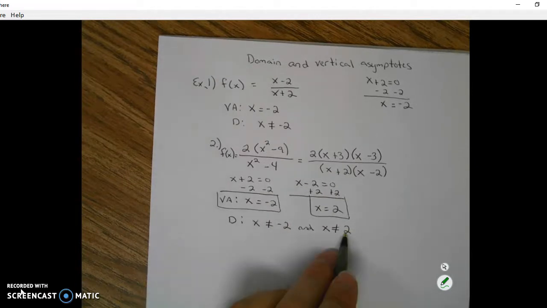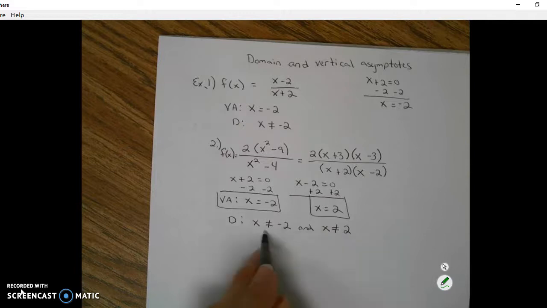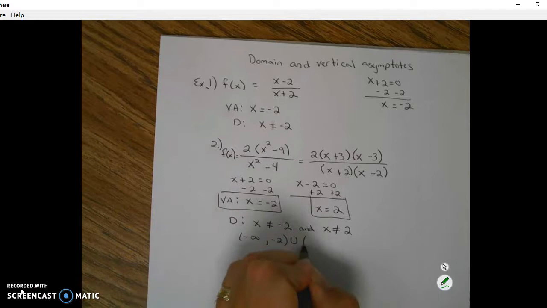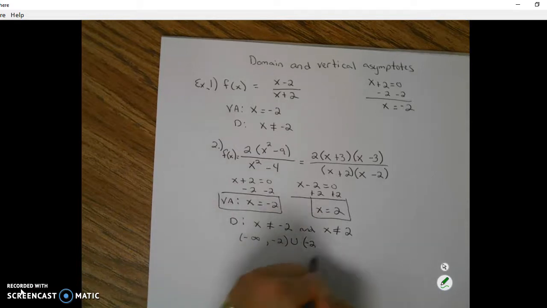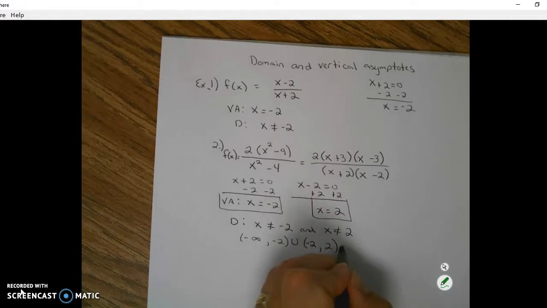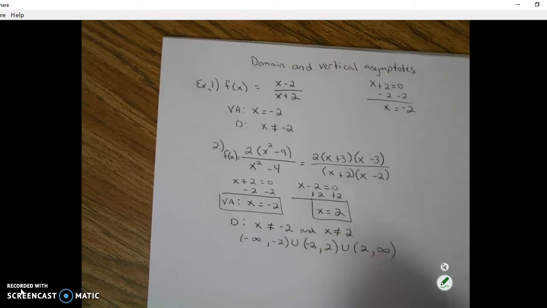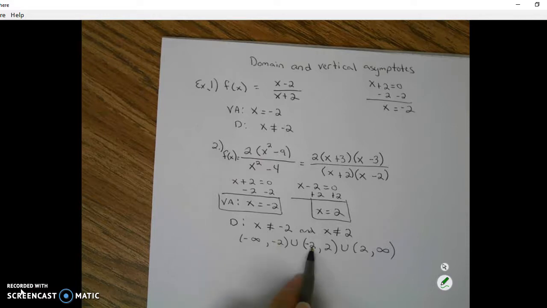Now if you're using interval notation, you would have to write it out as negative infinity to -2, union -2 to 2, union 2 to infinity. So all of these values, not including -2, everything between these two, but not including 2, and everything to infinity.